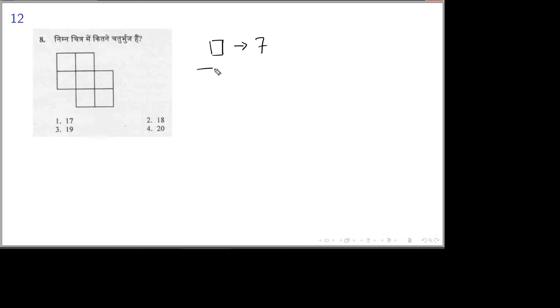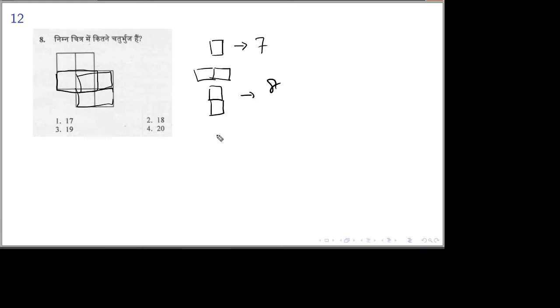And then you have squares of this type, and also this type. 2 into 1 type squares. How many of them? So this is 1 here, and then this would be 2, this would be 3, then 4. So 4 this way and 4 that way, so that would be 8.